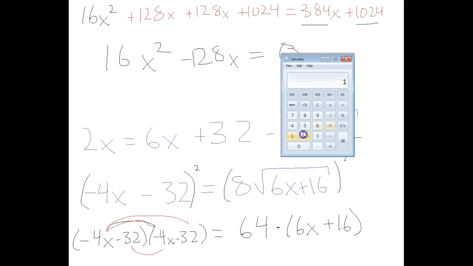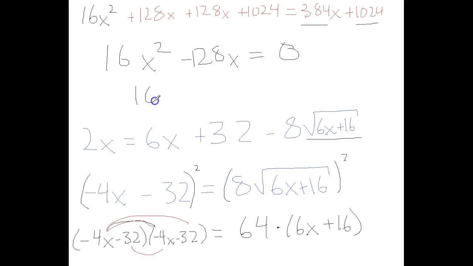So 128 divided by 16. 128 divided by 16 is 8. So we would have 16x, and that's multiplied by x minus 8 equals 0.